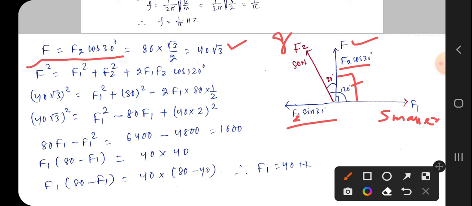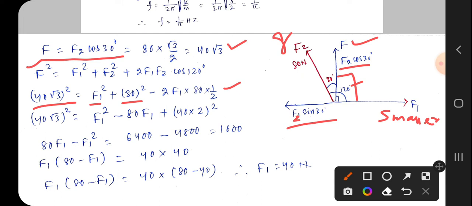The formula for the resultant is F squared equals F1 squared plus F2 squared plus 2 F1 F2 cos 120 degrees. Put the values here. 40 root 3 whole squared equals F1 squared plus 80 squared minus 2 F1 into 80 multiplied by 1 by 2.